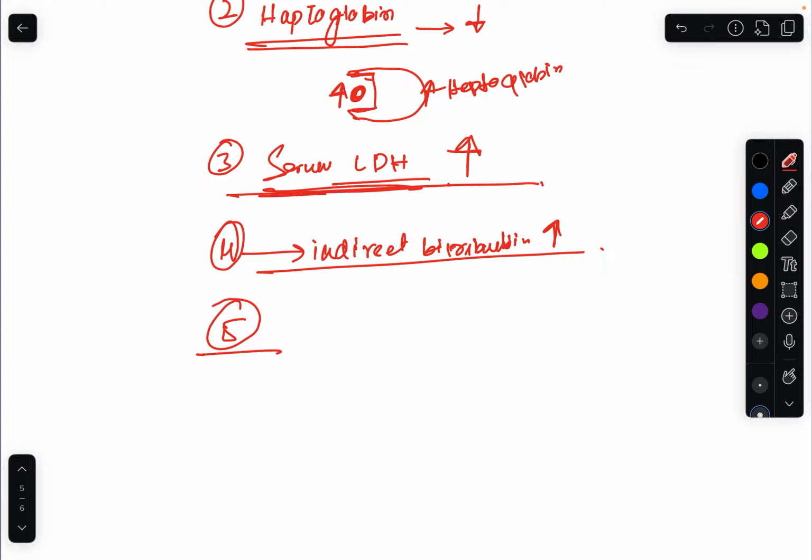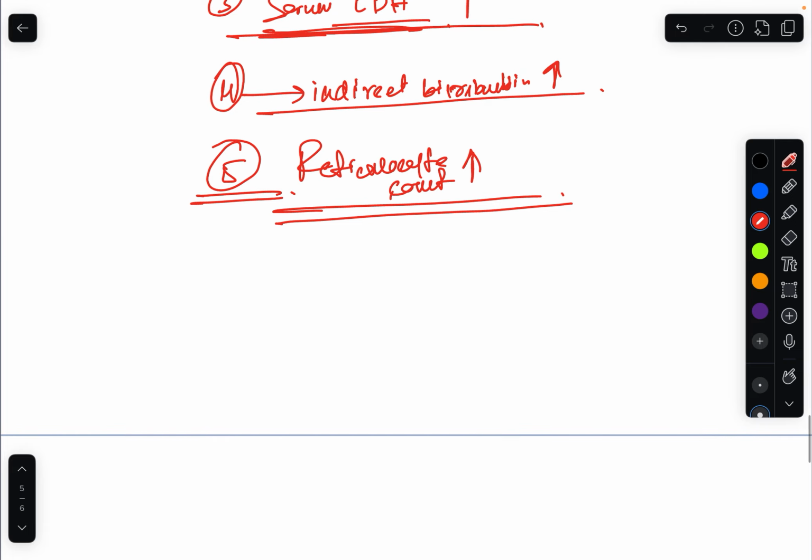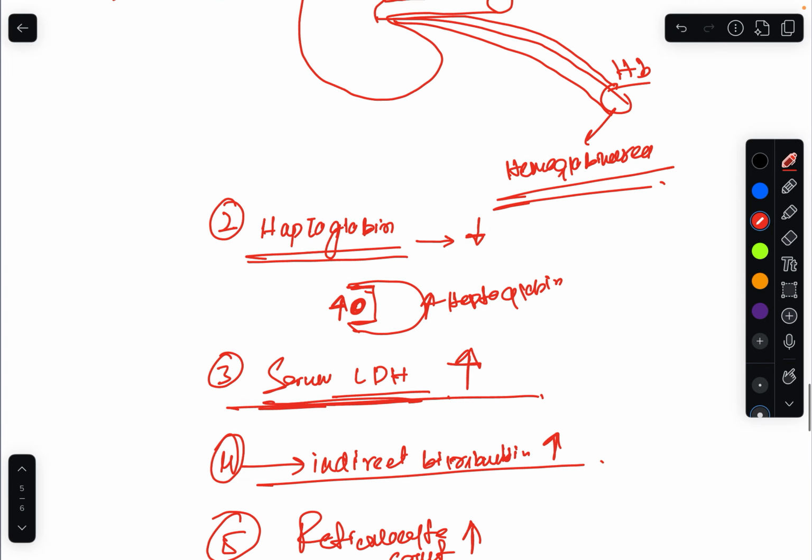So when bone marrow is actively multiplying and trying to compensate, we know that the reticulocyte count is increased. So these are the 5 markers which suggest that hemolysis is going on. First is hemoglobin concentration. It can be either increased or decreased. Then haptoglobin, then serum LDH, then indirect bilirubin, and then reticulocyte count.